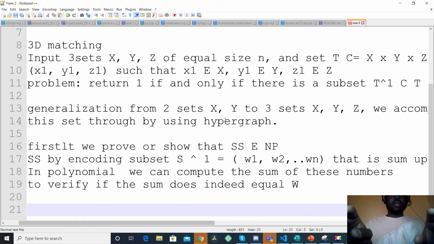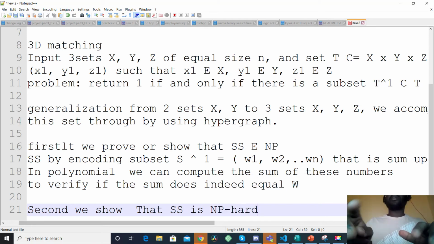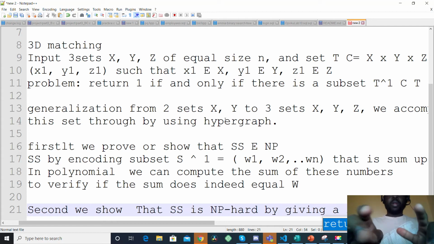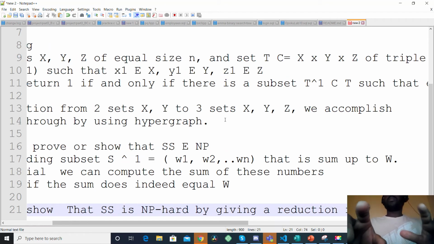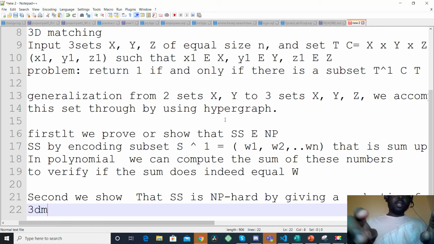So second, we show that SS is NP-hard by giving a reduction from 3DM, so we reduce 3DM to SS.